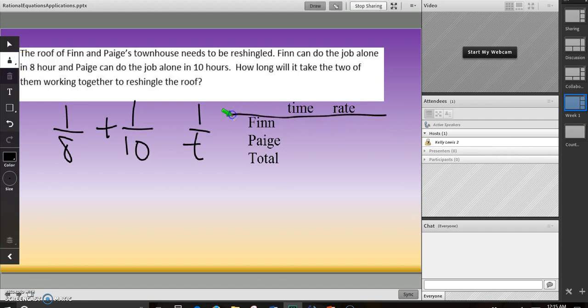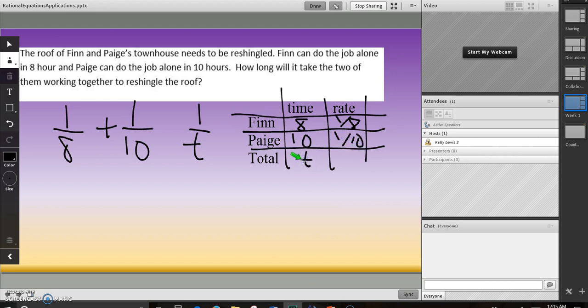If this may help some of you. Finn can do it in 8, so his rate is 1/8. Paige can do it in 10, so her rate is 1/10. And the total we don't know, so that rate is 1/t.